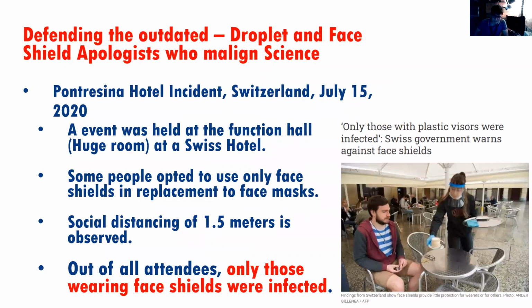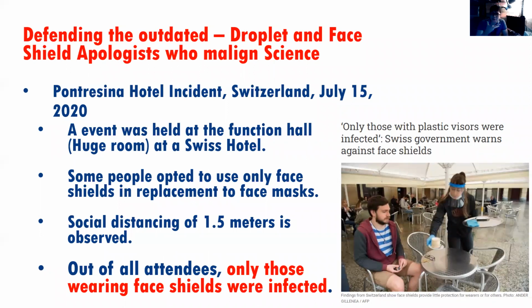Another incident, maybe to put a nail deeper into the issue about the increased likeliness of getting COVID-19, is the case in Pontresina, Switzerland. So there was a hotel event there. So people attended. Some people wanted to do away with the mask.